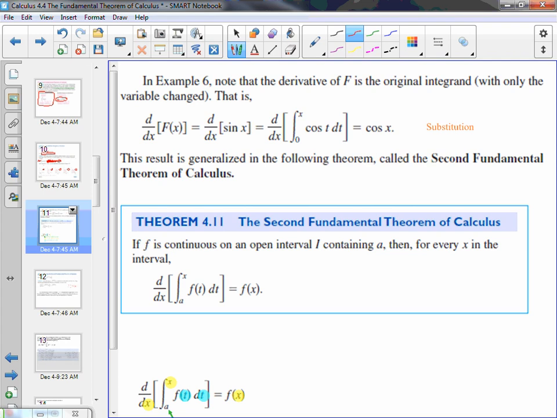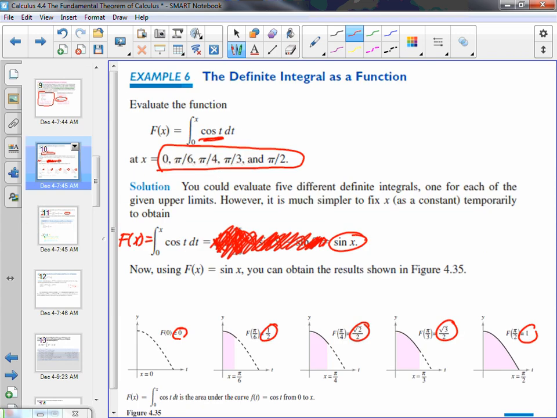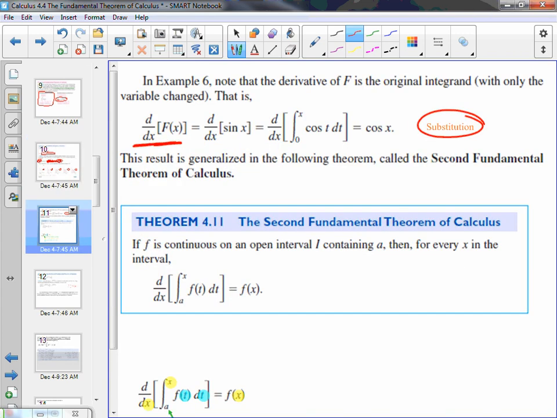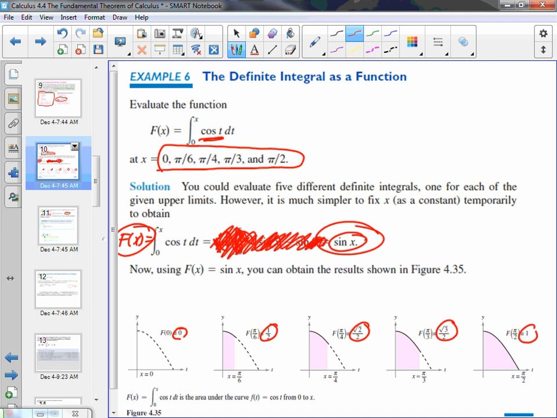So if you have the derivative, and all this is using substitution. I had to make a note to myself there to remind, so you would see where this is coming from. So the derivative of capital F of x equals the sine of x. Remember? We said so right here. Capital F of x equals the sine of x. So that's the derivative of the sine of x. Well, the sine of x equals this.